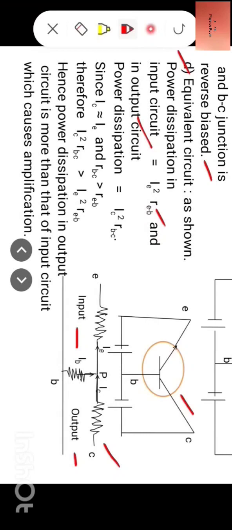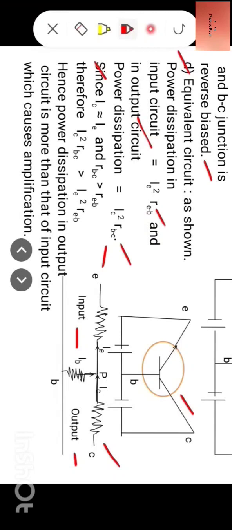Now in output circuit, power dissipation is equal to IC square RBC, because in the output circuit current is collector current IC and resistance is base collector junction resistance. So therefore, power dissipation will be IC square into RBC.